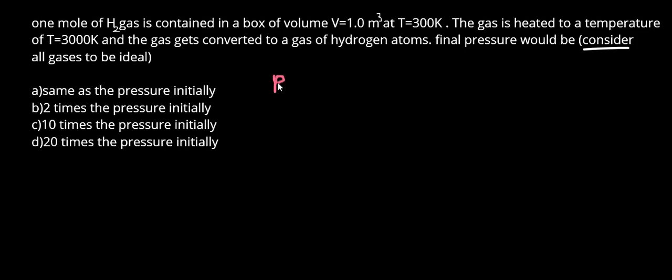So PV is equal to nRT. Since R is going to be constant here, and the n value is given as 1 mole, so this value is going to be 1. Anything multiplied by 1 remains the same. Only PV is equal to T.